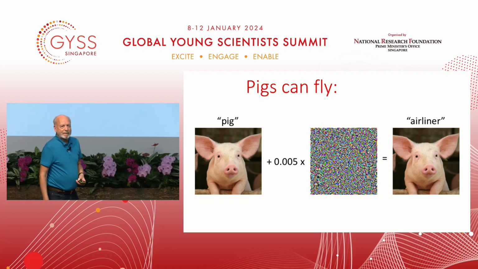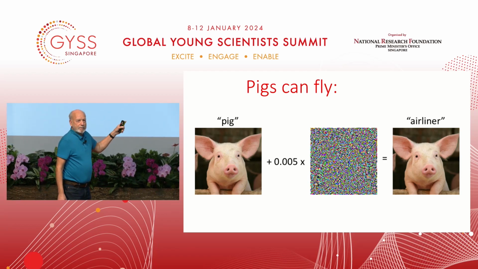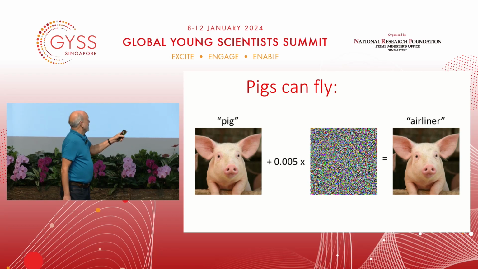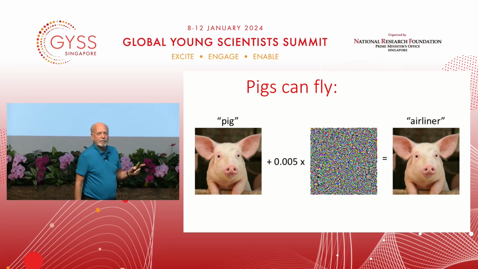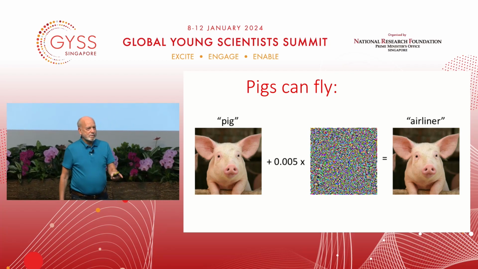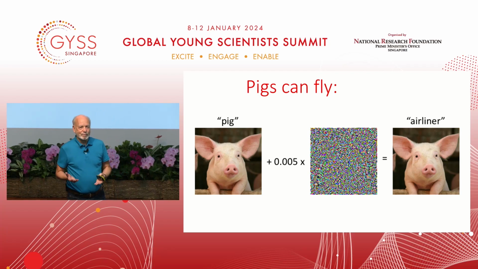You don't see the pattern in it. This pattern has to be very carefully chosen, because if you choose another pattern, it will say that this pig is not an airliner, but it is a horse, or it is a fire truck, or it is a bicycle. Choose a particular pattern, and it will change its mind to any other class. How come deep neural networks are so stupid?